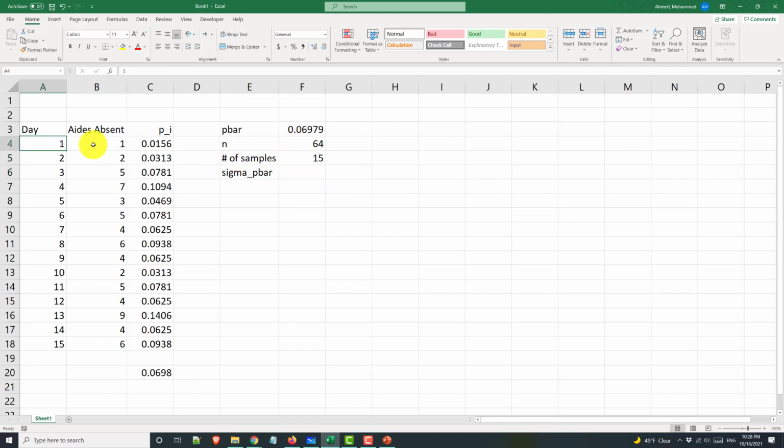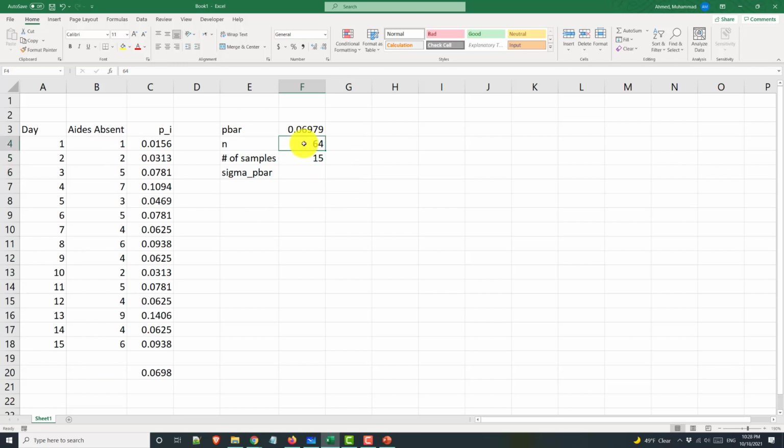Number of samples, each row in the data is giving you data about 1 sample. But 1 person absent doesn't mean you just measured 1 person. You actually measured 64 people, right? So the sample size is how many things or people are within each sample that you take. And the number of samples is how many times you repeat that activity. So you repeat it 15 times.